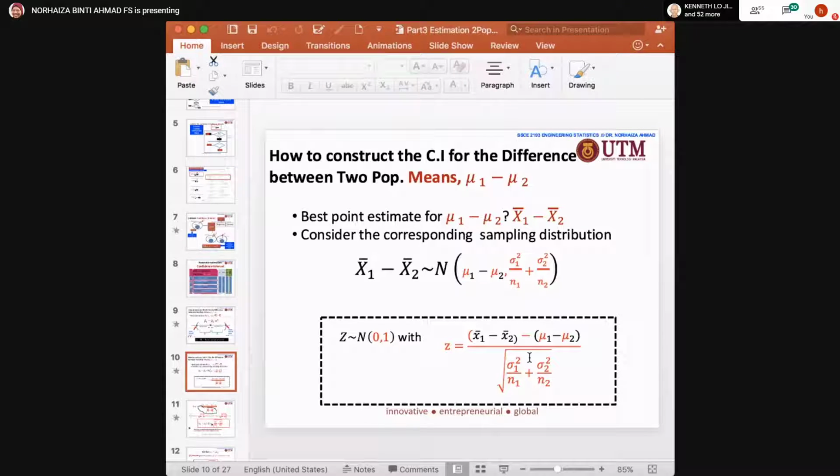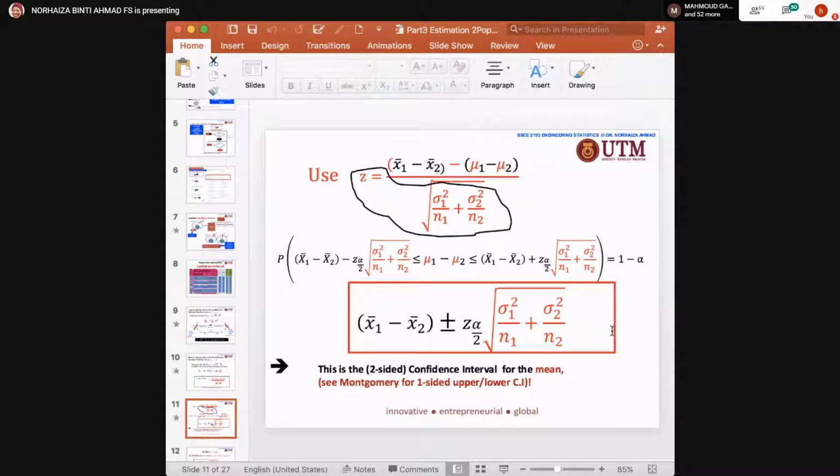Your margin of error will take the form of this Z value times your denominator, i.e. the standard error. This would be your confidence interval. So this is the confidence interval for a two-sided confidence interval.